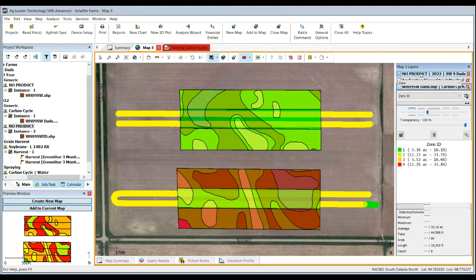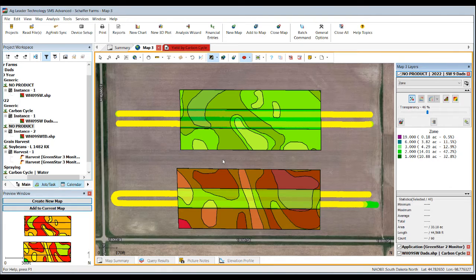Zone 19 is this thing down here. Zone 1 are these areas in here. Zone 2 are these lighter colored ones here. Zone 3 are these ridges, knobs, whatever you want to call them, less topsoil, less organic matter. Zone 6 is depressional, right here and right here.